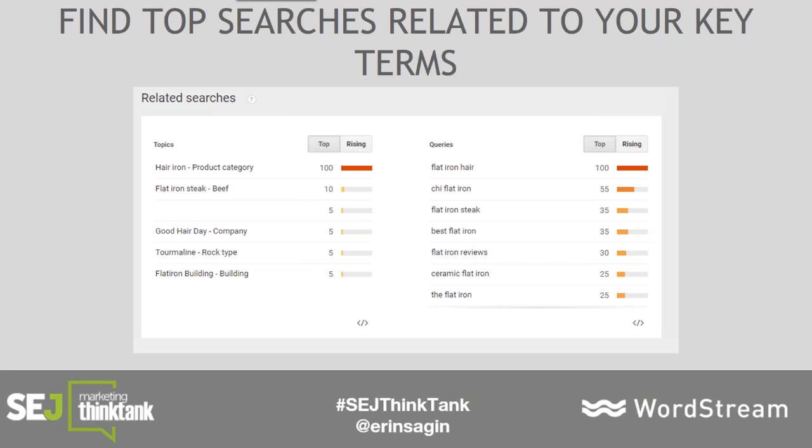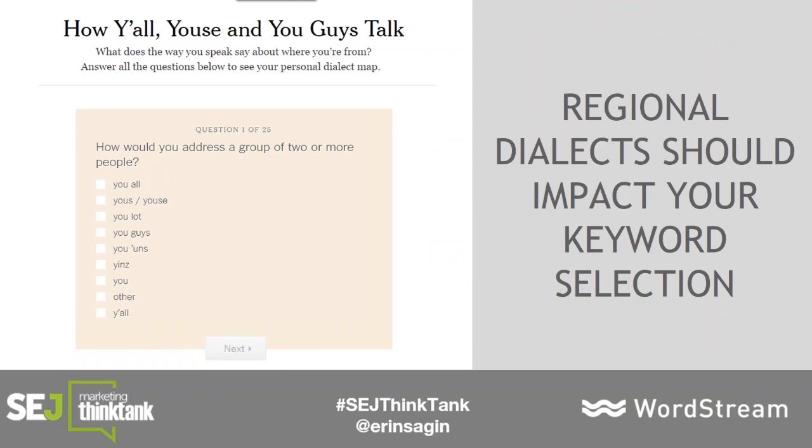One really great insight you can get out of Google Trends is information about regional dialects, because this should impact your keyword selection. I don't know if you guys are familiar with this New York Times quiz, how y'all use and you guys talk. I am from Western Maryland, which is the heart of Appalachia.